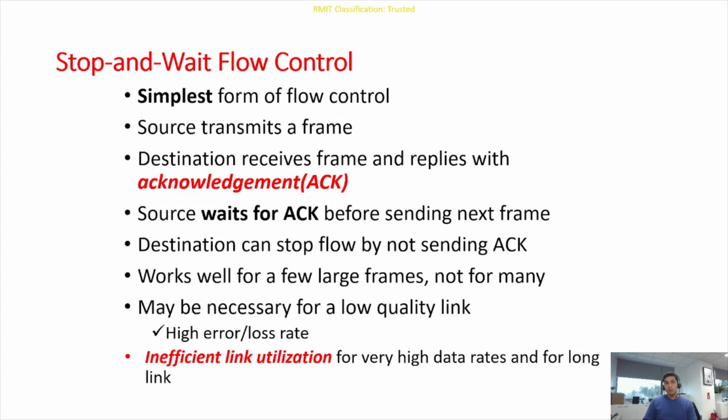Before sending another frame, the source waits for acknowledgement from the destination. So if a destination doesn't want to receive any more frames, then it can stop it by not sending the acknowledgement back to the source. Without getting an acknowledgement from the destination, the source cannot send frames any further.